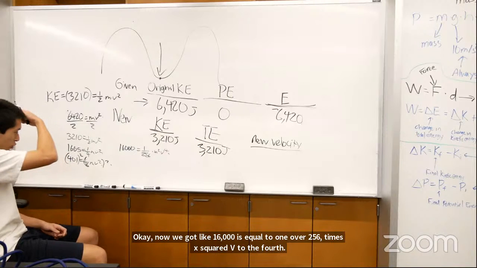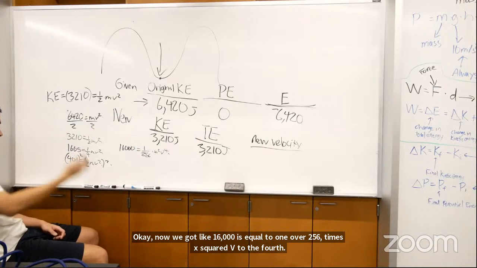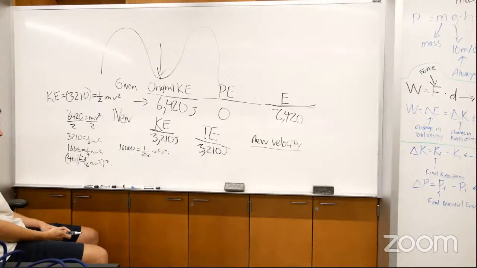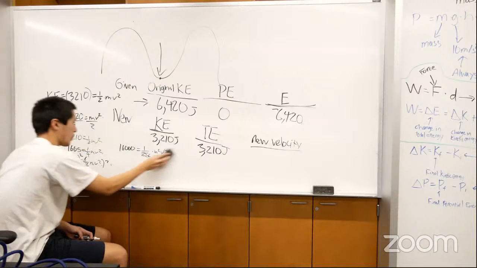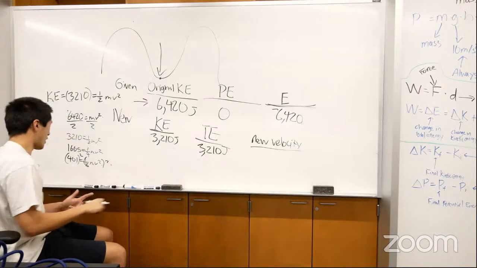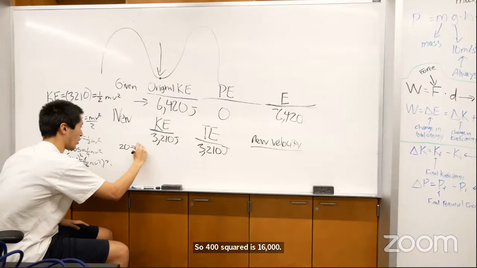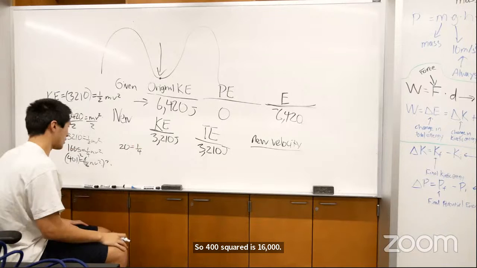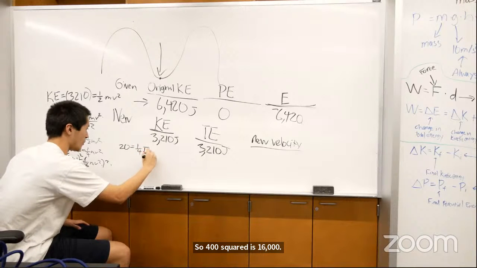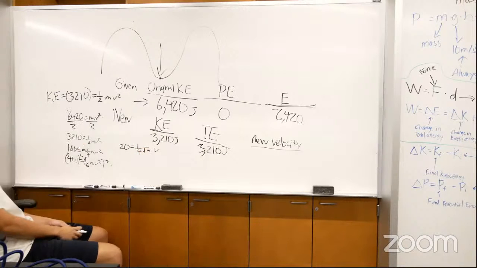So 400 squared is 16,000. Oh, I meant the square root. Okay, square root. So this is roughly 20 is roughly 1/4 square root of m times v. It'll be 20, right? My velocity would be 20.